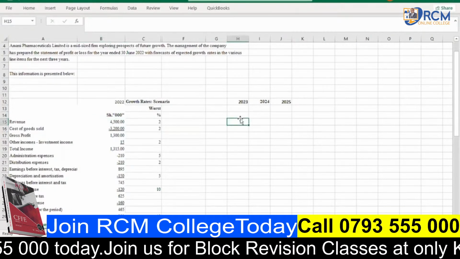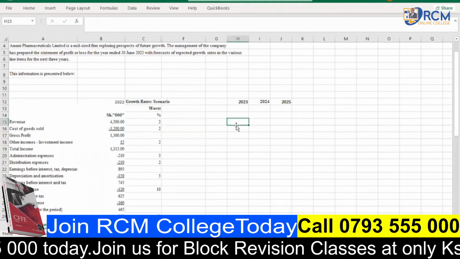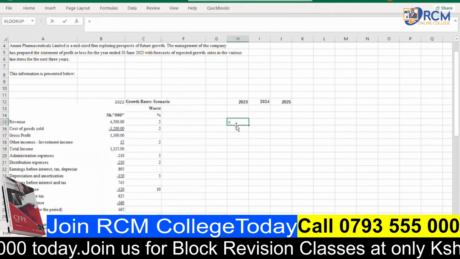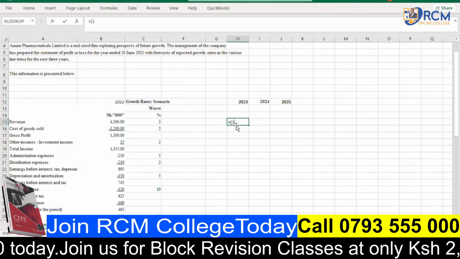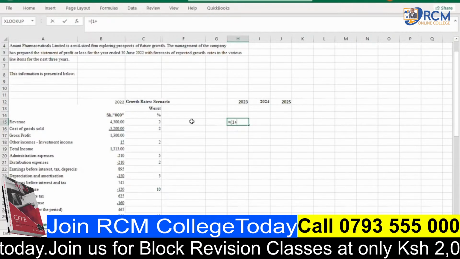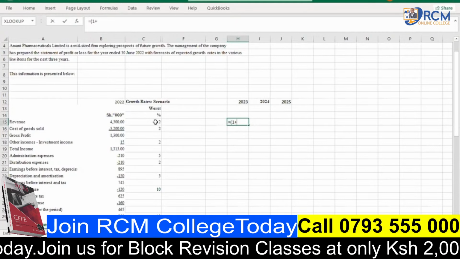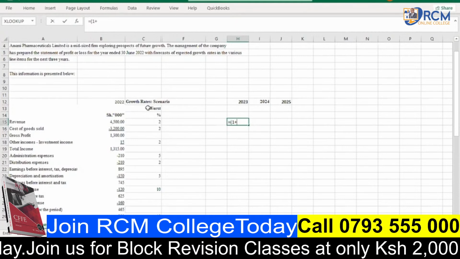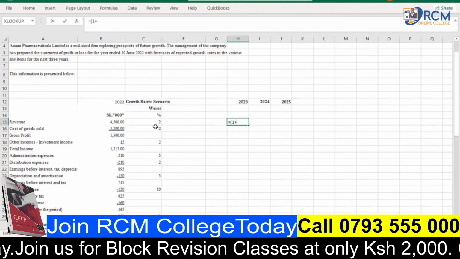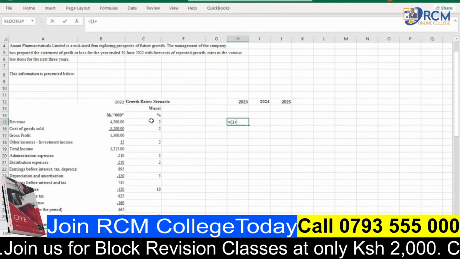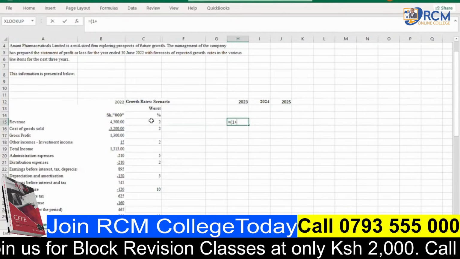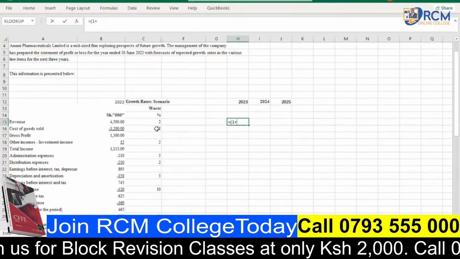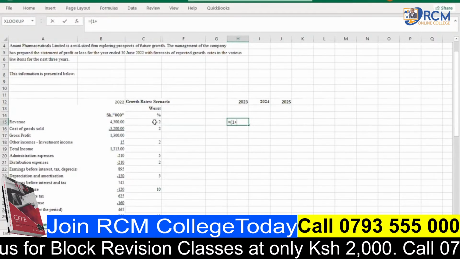So revenue for 2023 is going to be equivalent to 1 plus the growth rate. Remember, 2%. Yes, they have indicated the percentage up here, but this one is not 2%. This one here will give you 200%. 2% should be 0.02. This one given to us here will be giving you 200%.